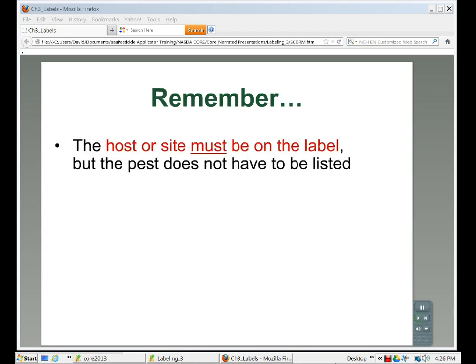Pesticide labels are legal documents and can only be used on sites that are specifically listed on the label. FIFRA does allow for specific deviations from labels. Legally, the host or site where the application is made must be listed on the label, but the target pest does not need to be listed.